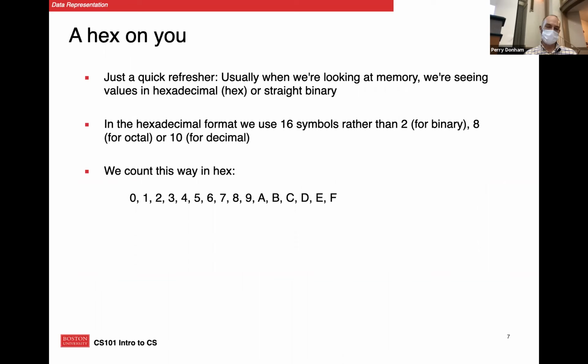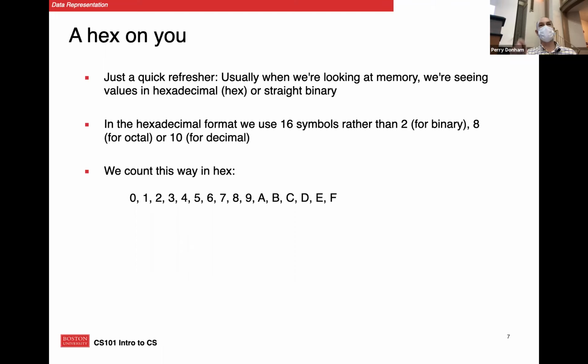So hexadecimal, or hex, is just a numbering system, and in the case of hex, it uses 16 symbols. In decimal, for example, counting numbers 1, 2, 3, 4, 5 and so on, deca means 10, right? So I've got 10 symbols: 0, 1, 2, 3, 4, 5, 6, 7, 8, 9.